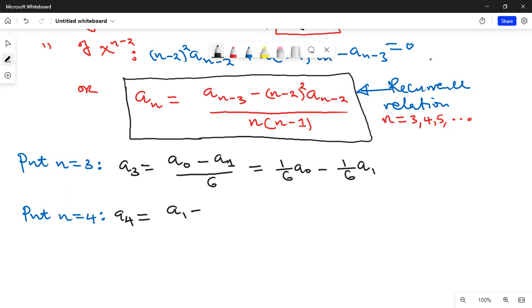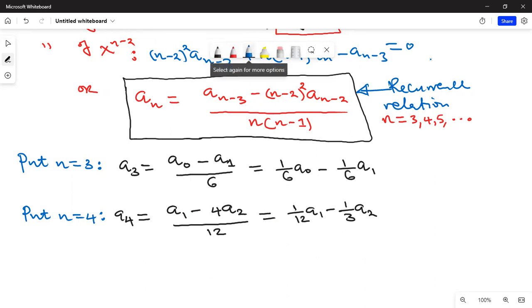When you square it, that is 4 times a2. Everything you divide by 4 times 3, that is 12. And so this thing can be written as 1 over 12 a1 minus 4 over 12, which is 1 over 3 a2. Hope that is clear.